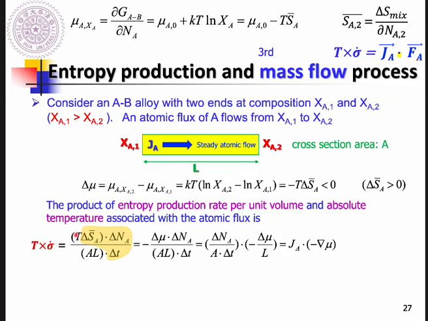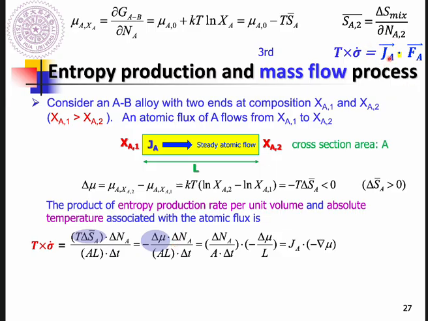Then I rewrite it, because my target is to convert it into flux and driving force. T times SA bar equals the negative chemical potential difference. I copy this and my target is here.